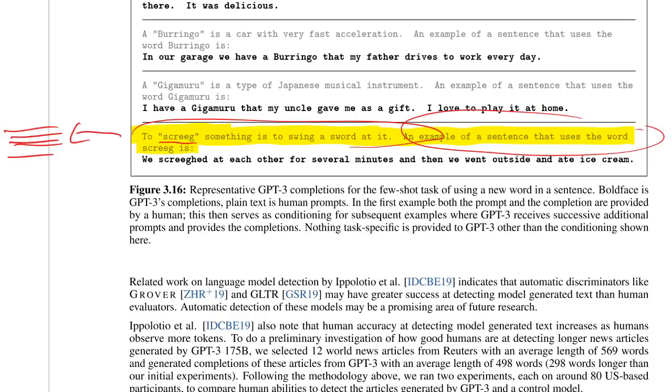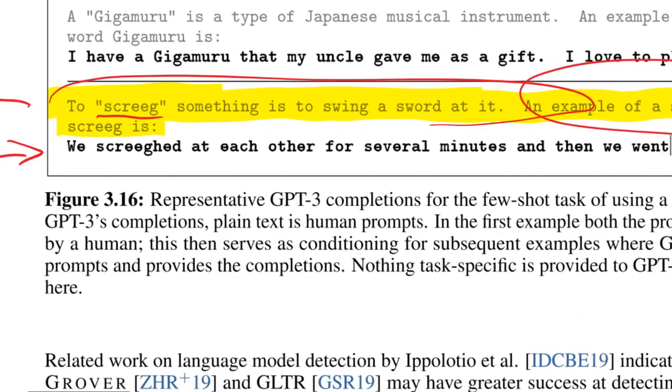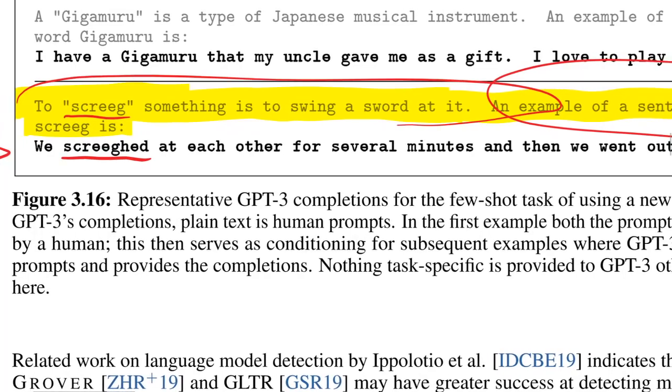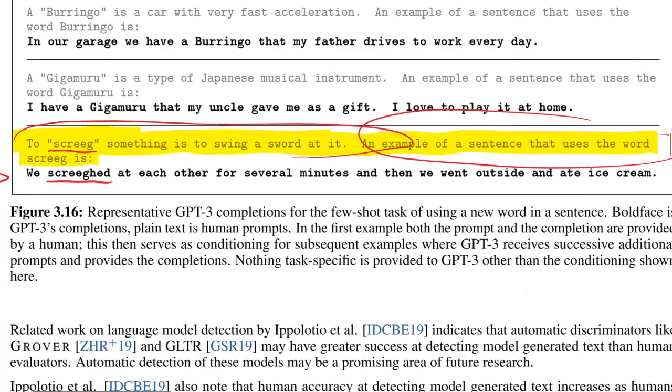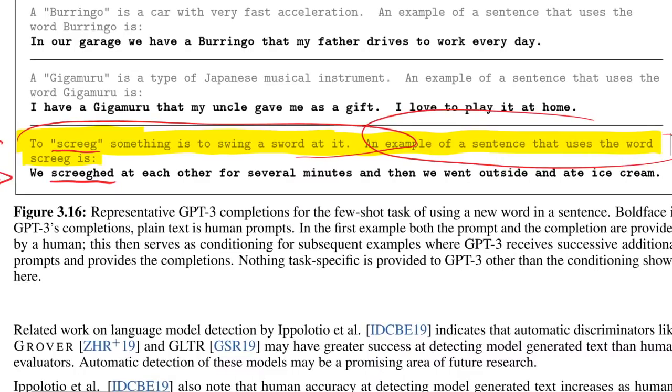Then it's going to not know that word, but it can interpolate it from all this data right here. And so the cool thing is it actually conjugates the word. We screed at each other for several minutes, and then we went outside and ate ice cream.